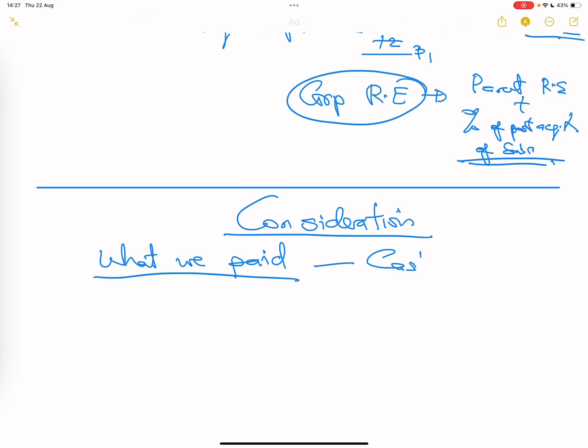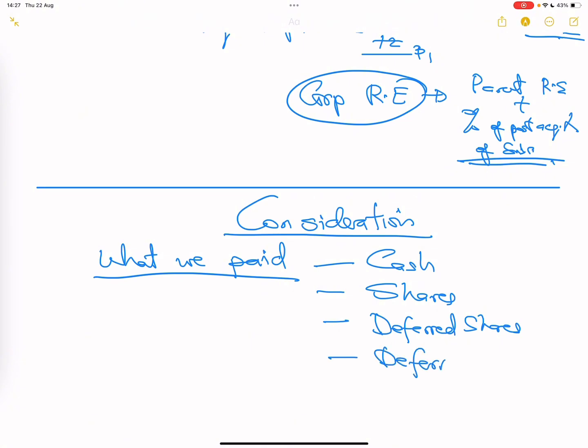It can be cash, we can pay in form of shares, or even deferred shares, which means we are not giving the shares now, we are giving them in the future. Or we can also defer the cash, which means we are not paying the cash now, or we pay some cash now and the other later. So it can be a mix of all of this.